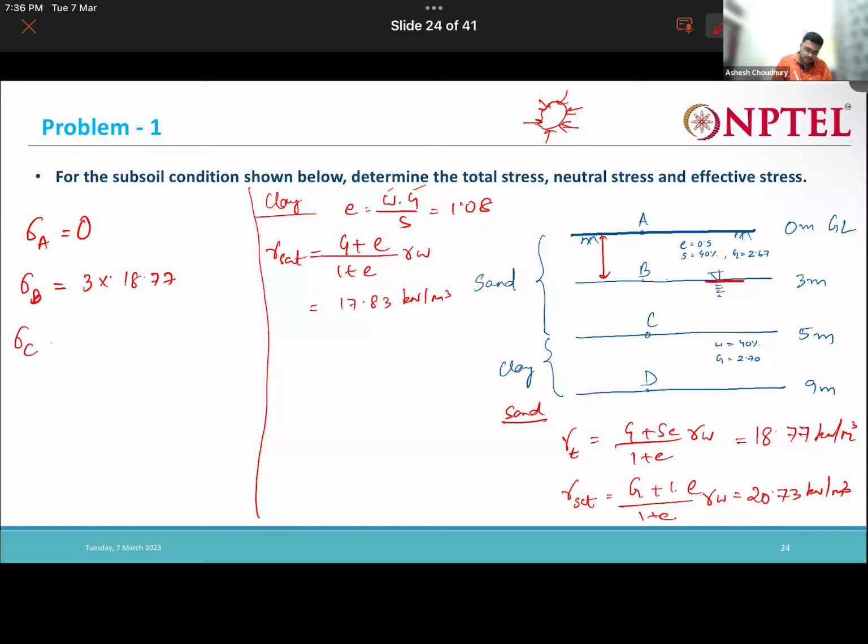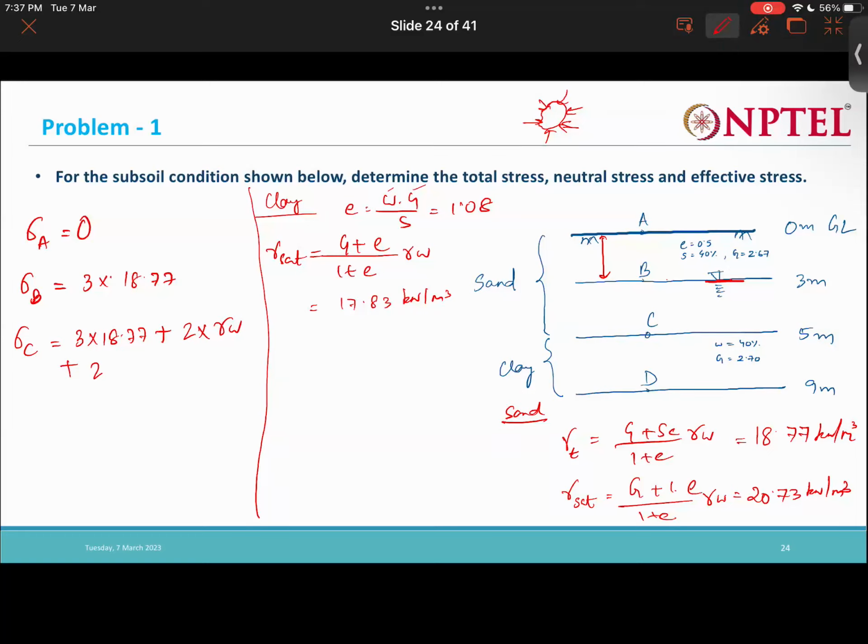Okay, now at C, let's see what will be my total stress. 3 into 18.77 plus 2 into gamma sat, 2 into gamma sat means 20.73.